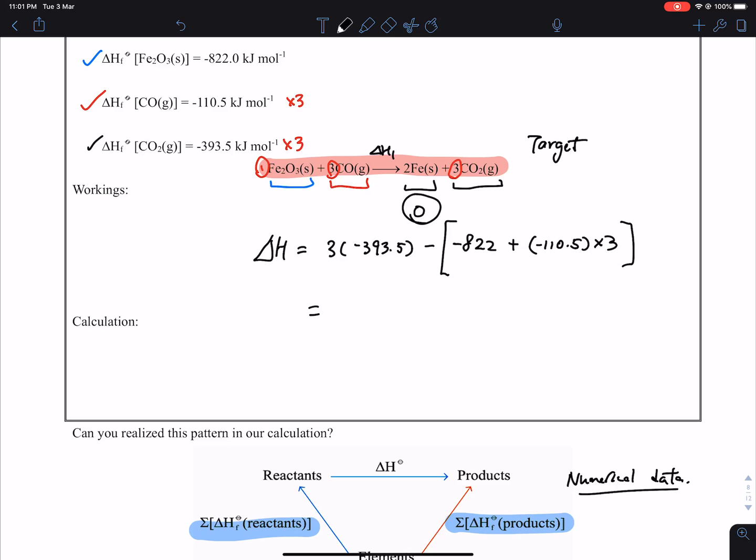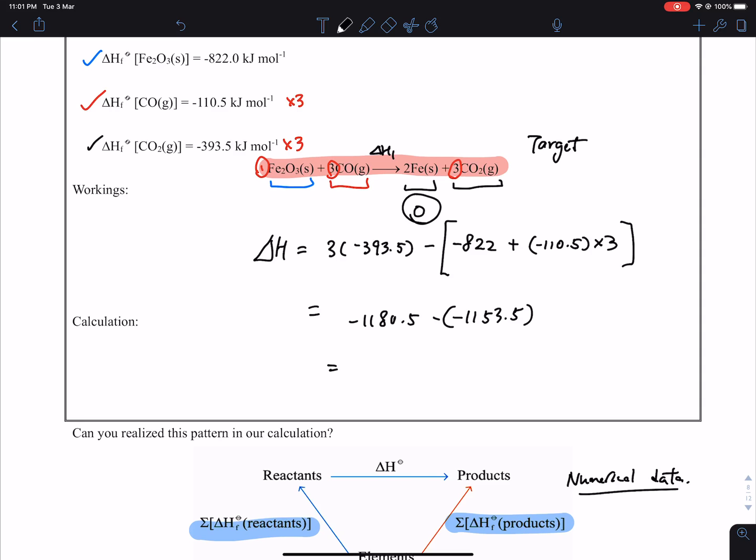Okay, so you use this equation to calculate. 3 times negative 393.5, and then minus 822, 110.5 times 3. So this one should be negative 1153.5. And then this one will be negative 1180.5.